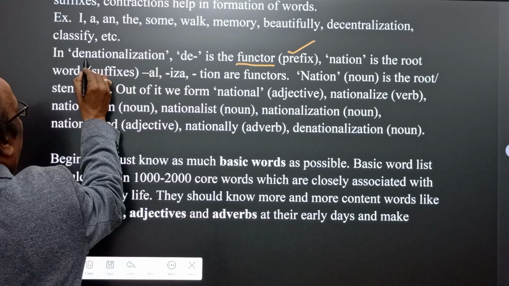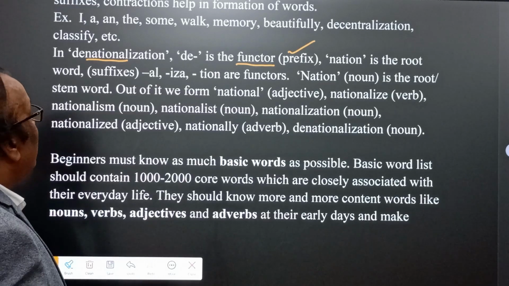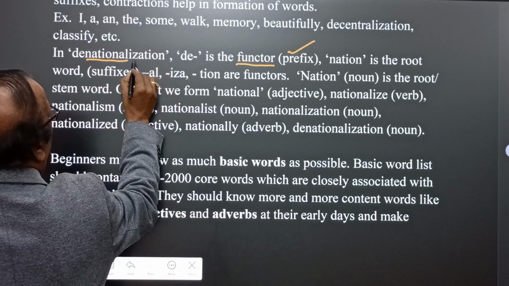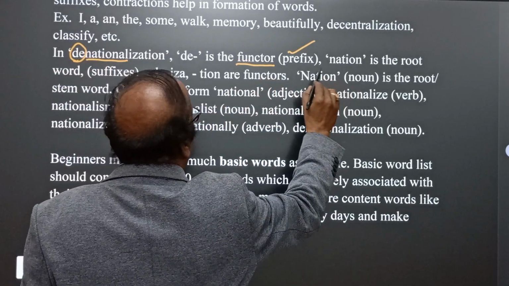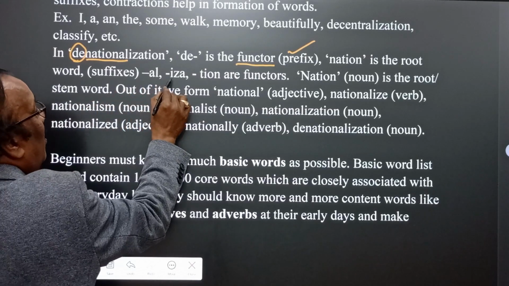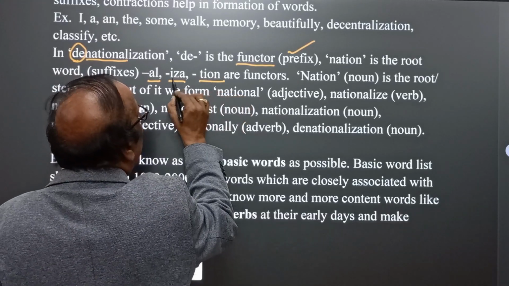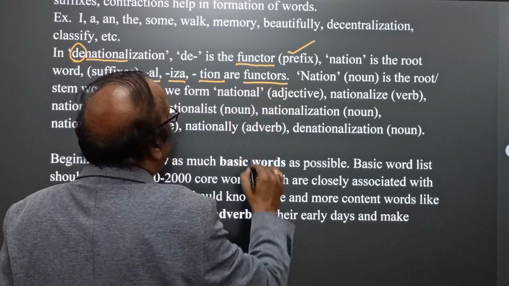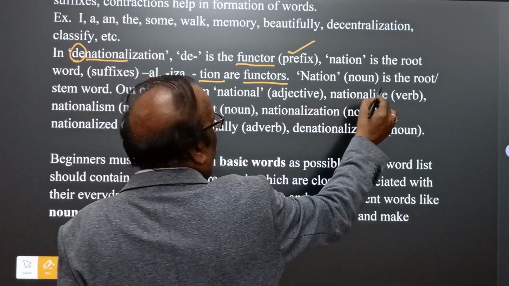Nationalize, national: here nation is the root word, and D is the functor, a prefix, and the suffixes are all, IZA, and son. Usually prefixes and suffixes are functors, and nation is the root.